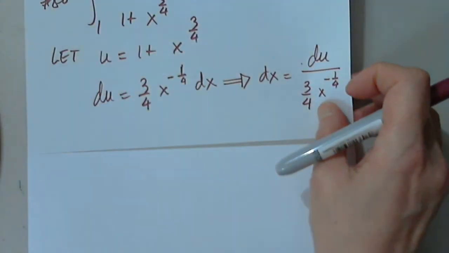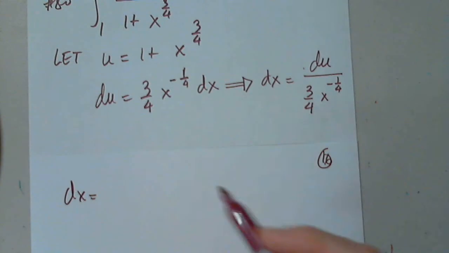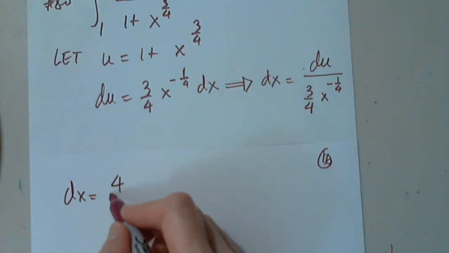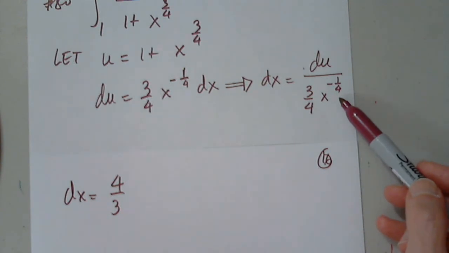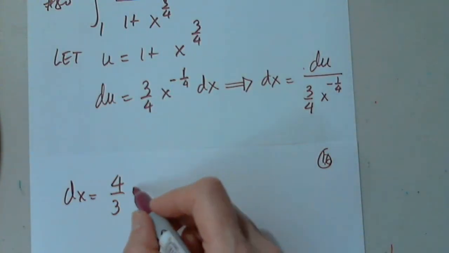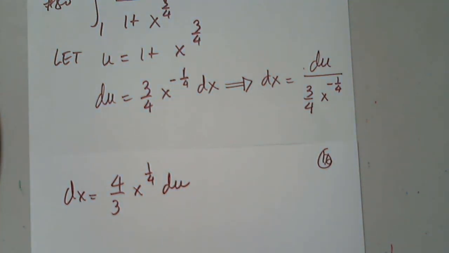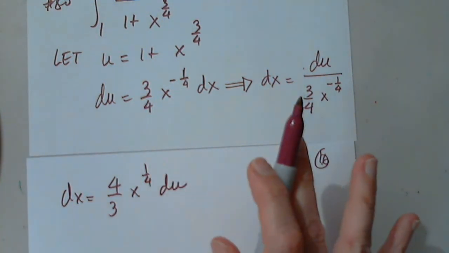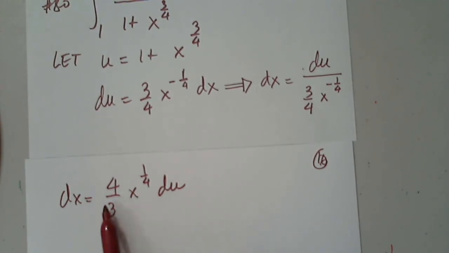Then dx, I flip it, 4/3, so I have 4/3, and x to negative 1/4 from the denominator goes to the numerator as x to 1/4 du. Now, the reason why I don't like this method is because I have x and u in the same expression, so I have to be very careful now.